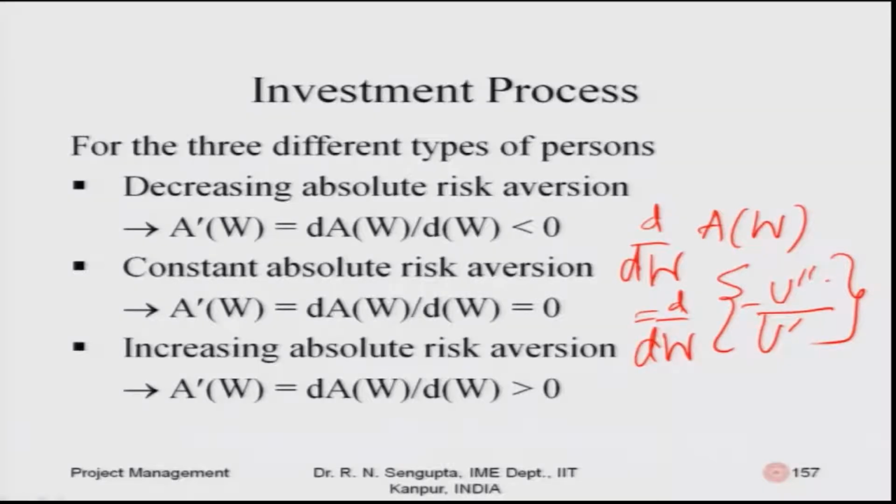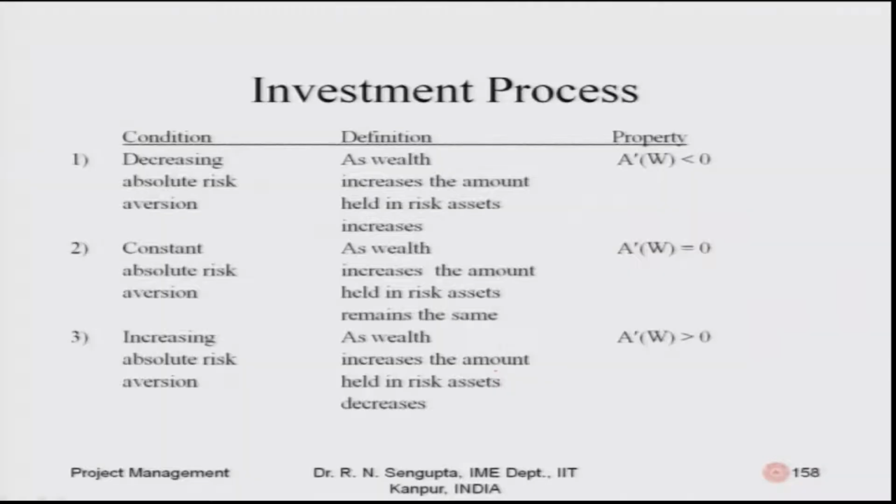I need to differentiate this function, which is A(W), and then find out how it behaves with respect to the rate of change of W. So, A prime, if it is less than 0, this is a decreasing absolute risk aversion property. If A prime is 0, absolute risk aversion is constant. That person is neither risk lover nor risk hater, a risk indifferent person. And in the other case, where you have an increasing absolute risk aversion property, A prime is greater than 0, then correspondingly we allocate that property to the person who is taking the decision.